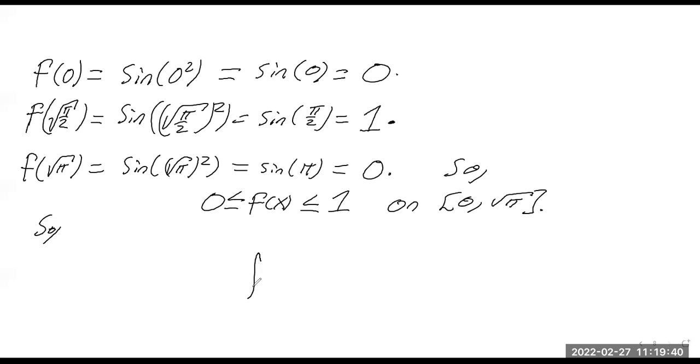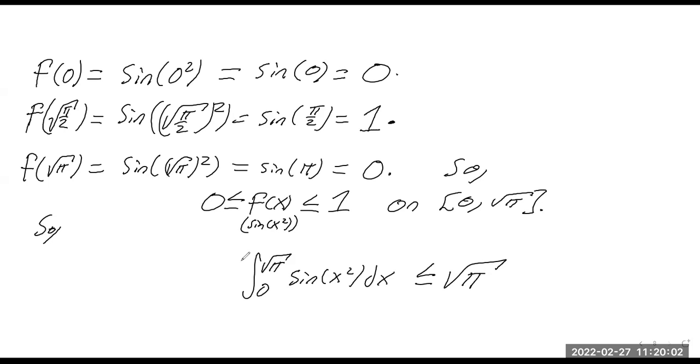So that means that the integral of sine of x squared is less than or equal to 1 times the length of this interval, but that's just the square root of pi, and it's larger than or equal to 0 times the length of the interval, but that's just 0. And thus, we have ourselves a nice bound on this integral over that region.